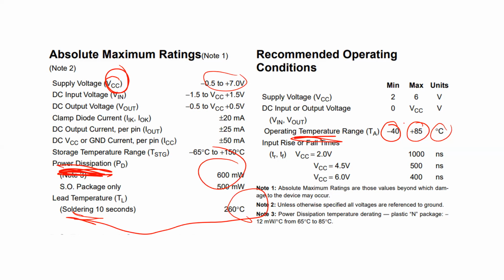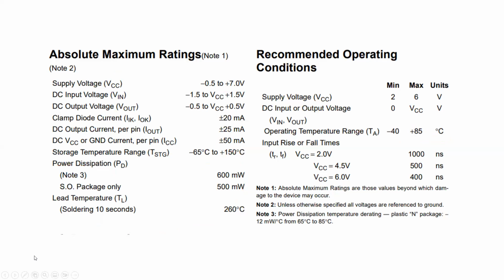One of the important things, because this is something you are going to measure in this lab, is what we call tr and tf, rise time and fall time. I'm going to tell you what this means. Ideally, any digital signal has to be something like that: logic 0, which is 0 volt, or logic 1, which is 5 volt.